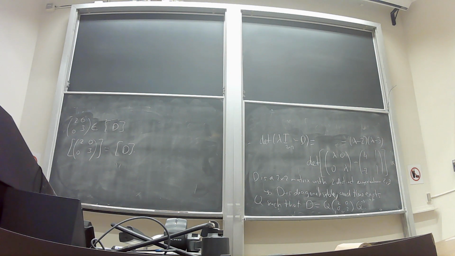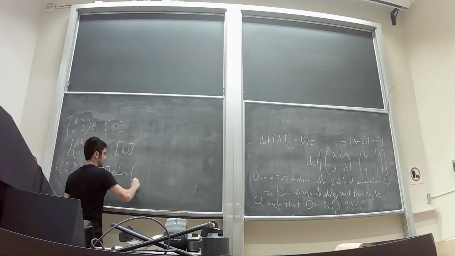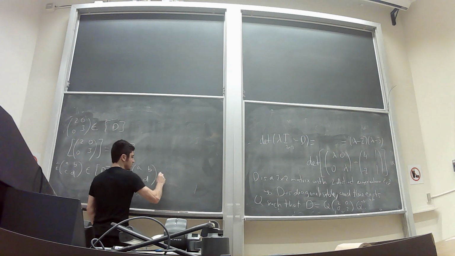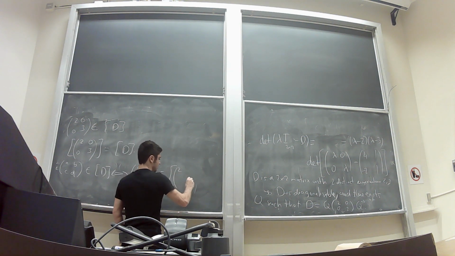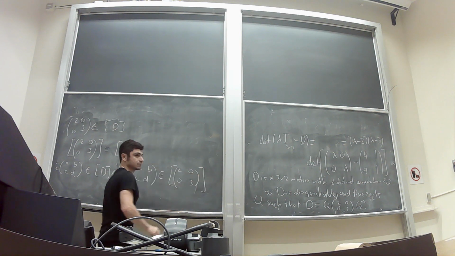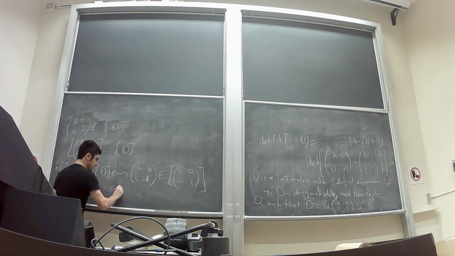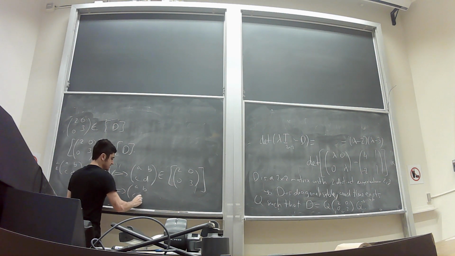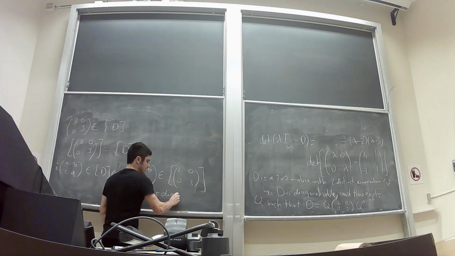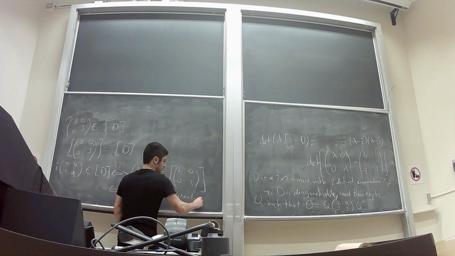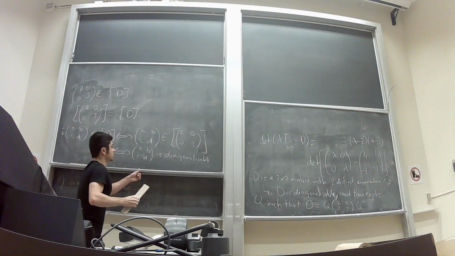Okay? Now, ABCD belongs to the equivalence class of D if and only if ABCD belongs to the equivalence class of the diagonal matrix 2, 3. If and only if ABCD is diagonalizable. Now it's a 2 by 2 matrix.